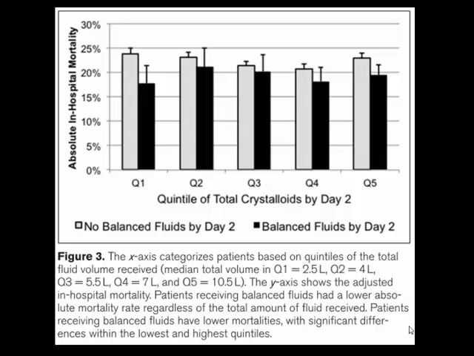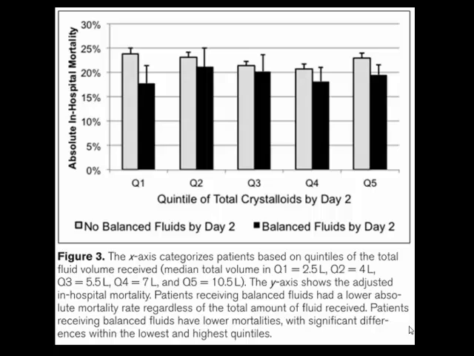This graph also shows the difference. They made a subgroup analysis depending on how many liters of fluid they received. They divided into quintiles, and the first quintile was 2.5 liters, then 4 liters, 5.5 liters, 7 liters, 10 liters.